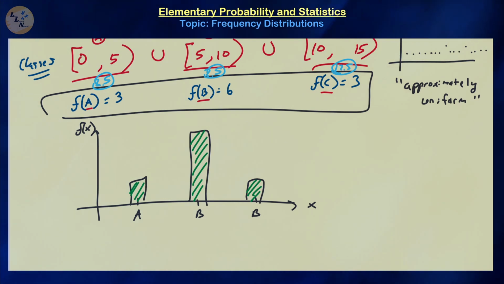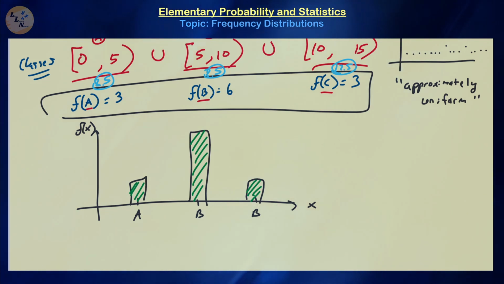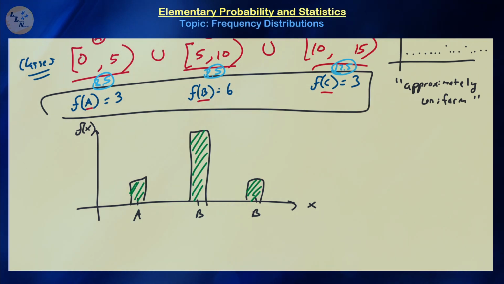So all elements in class A get a new value of 2.5, all elements in B get a new value of 7.5, and all values in class C get a new value of 12.5, and then you can calculate your mean and the median based on those. But you can probably see that very different sets will have very similar metrics if you approach it that way. So I'm not going to talk about that in more detail, but you should be able to see some of the pros and also the cons associated with that.